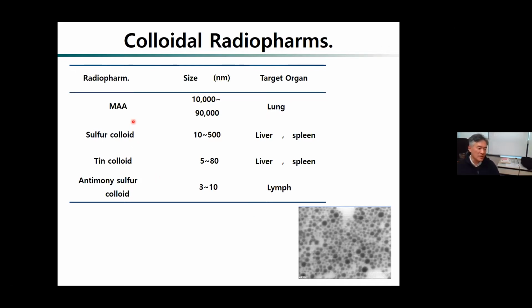Last week we discussed the colloidal structure of radiopharmaceuticals. Here you can see technetium MAA and another colloidal structure, especially antimony sulfur colloid, which can be used for lymphatic flow imaging because its size is around 3 to 10 nanometers, which is good for penetration into the lymphatic pathway.